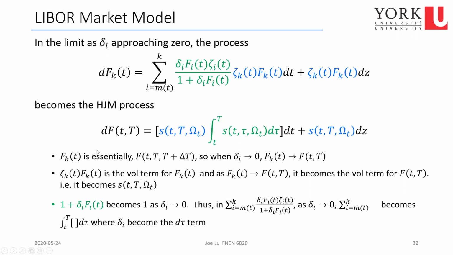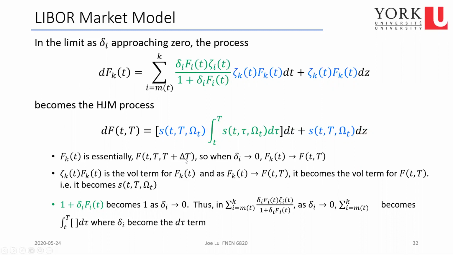Why? First of all, what's Fk? Fk is really F(t, t), the forward rate over a time period t to t plus delta t, because this t will be like a k, and this t plus delta t will be like k plus 1.